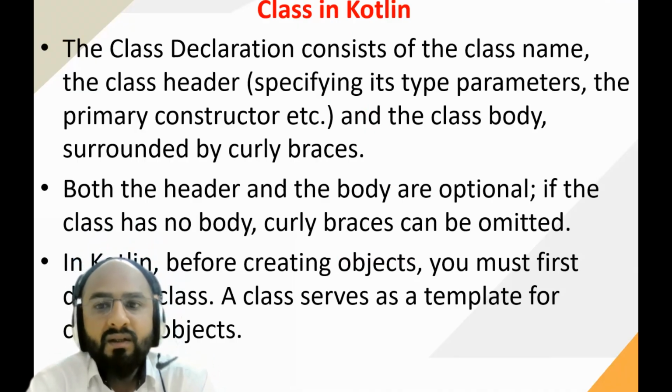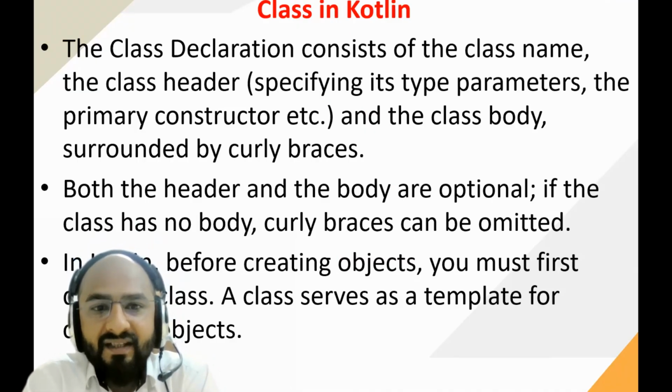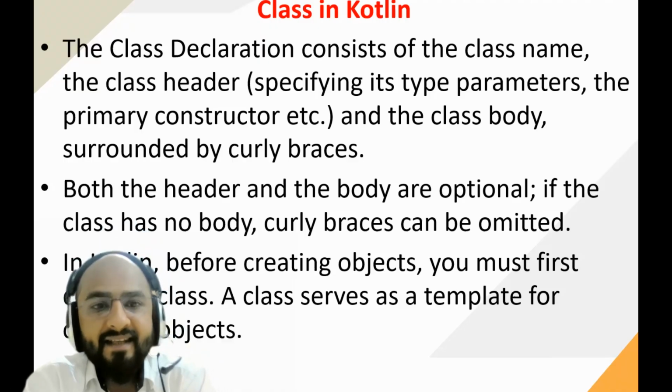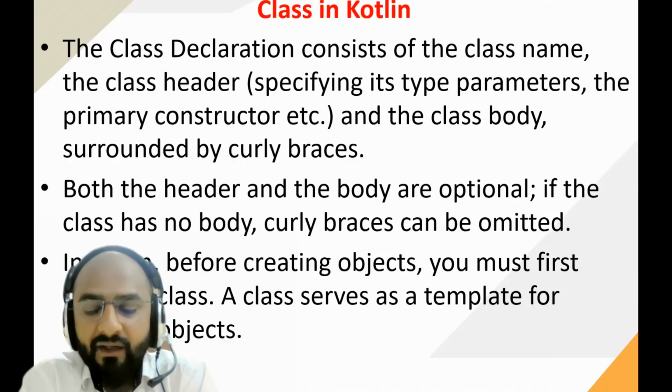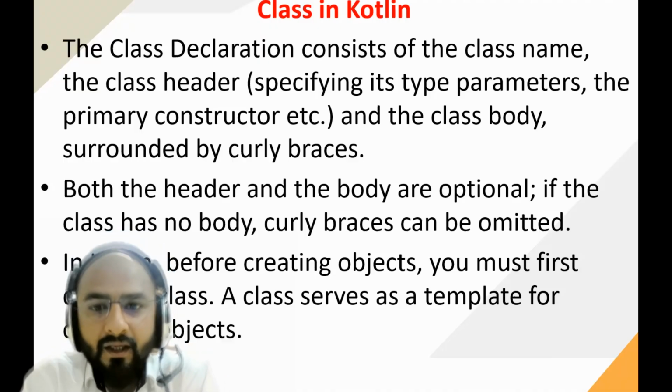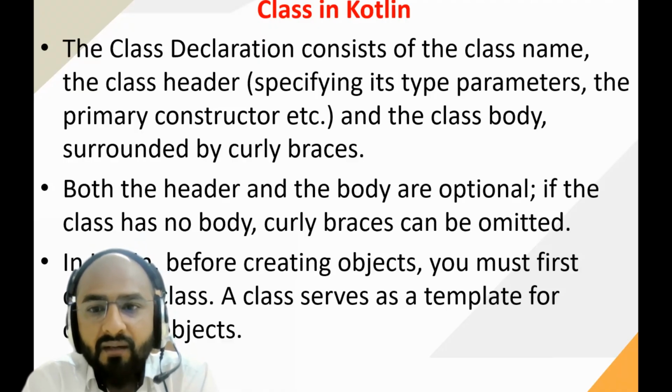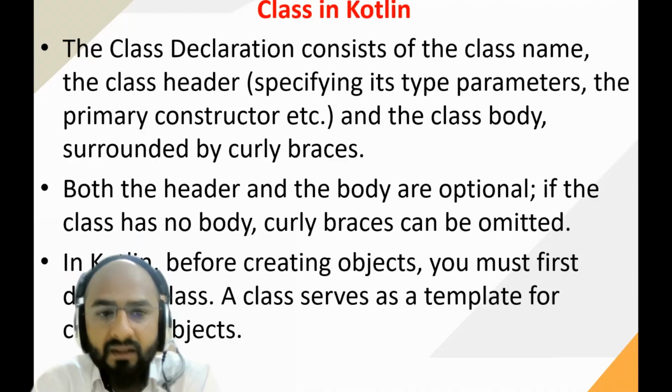If you are creating a class, there will be two sections, a class header and a class body. When you declare a class name, it is called the class header, and when you provide curly brackets after the class name, it means that this will be the body of the class.